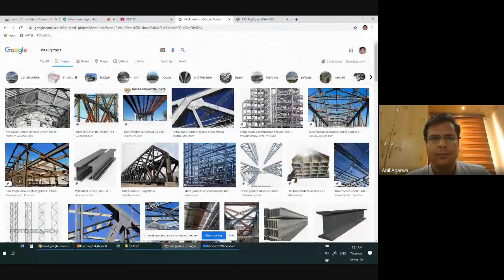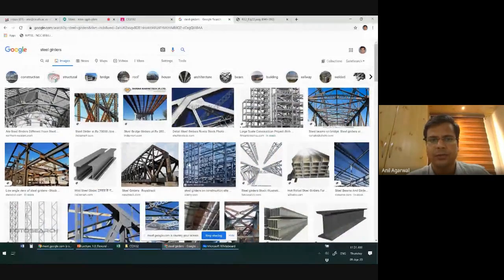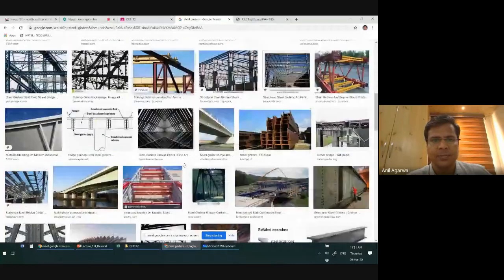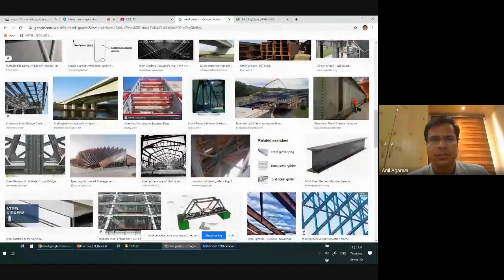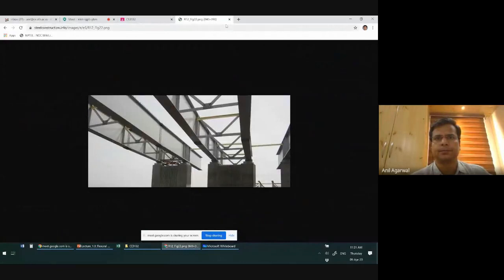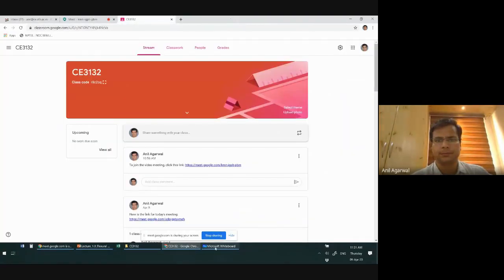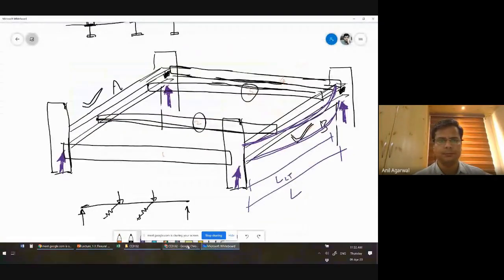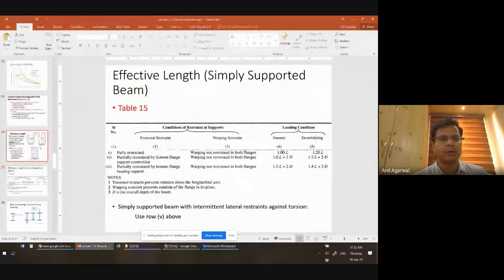Sorry, I'm not able to get any of the other kinds of pictures that I was trying to look for. Most of the pictures that I'm getting are of similar kind of bracing. I'll see if I can find some other pictures and I'll try to share with you. I don't want to waste time here. Okay, fine. So okay, going back to where we were.